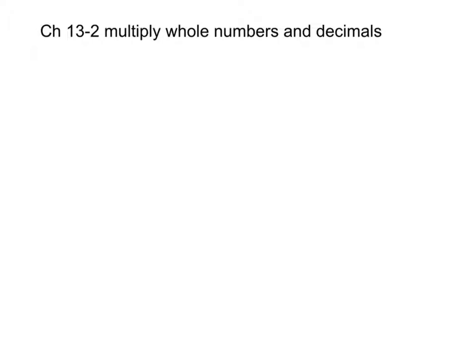So in the example on page 272, it says Carla sells jewelry made by a local artist. A customer is interested in a bracelet that is 7 inches long. So we need to know that. And the customer asked Carla for the length of the bracelet in centimeters.